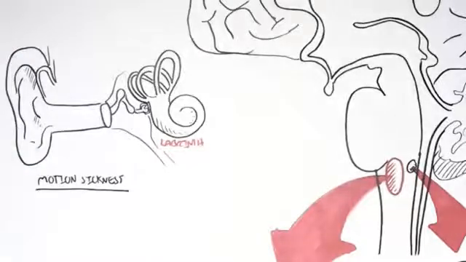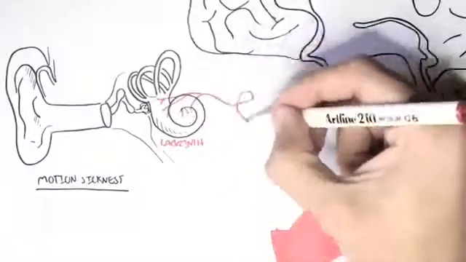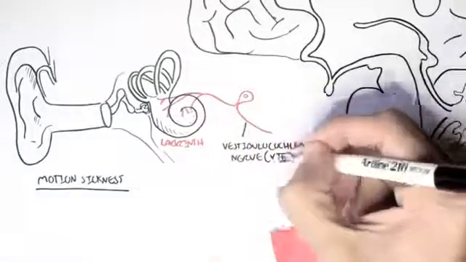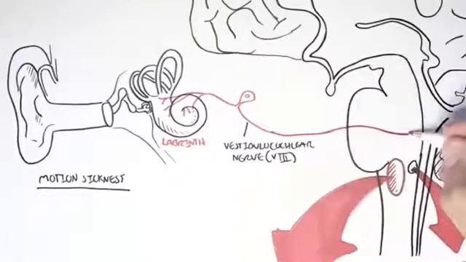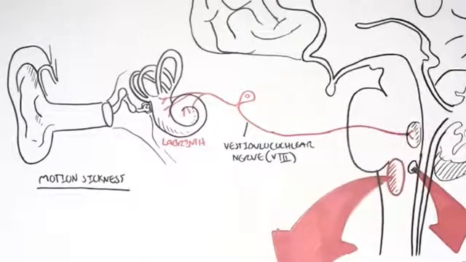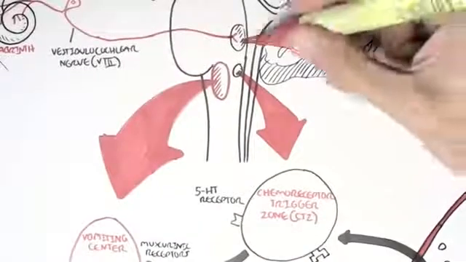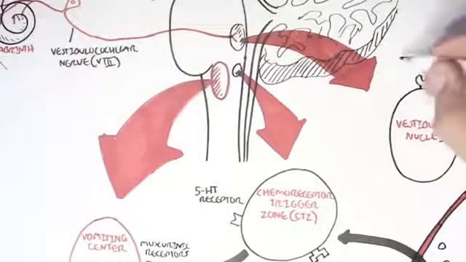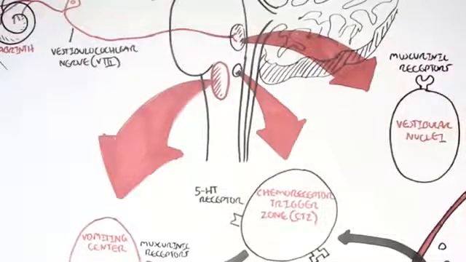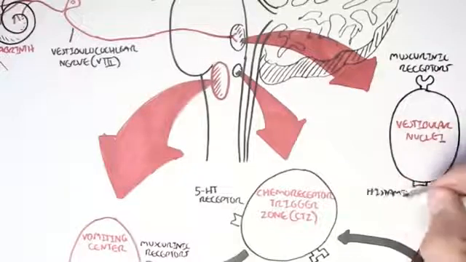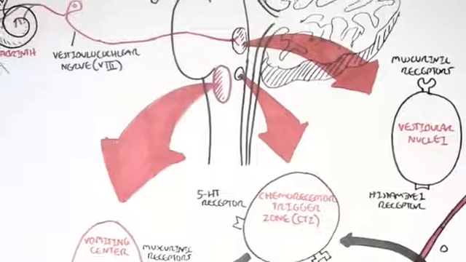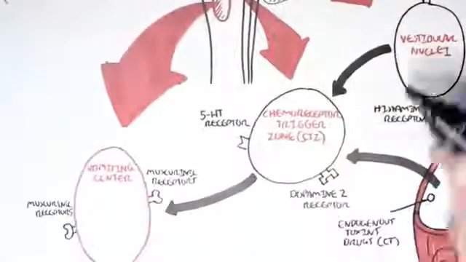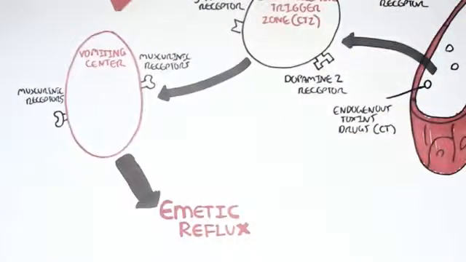Now, motion sickness will abnormally activate the vestibular cochlear nerve, which connects the labyrinth to the vestibular nuclei here in the brainstem. Let's zoom into the vestibular nuclei. Now, the vestibular nuclei have muscarinic receptors as well, and also histamine type 1 receptors. And it is activation of these receptors by the vestibular cochlear nerve from the inner ear that will cause the vestibular nuclei to stimulate the chemoreceptor trigger zone, which will then stimulate the vomiting center and thus the emetic reflux, the act of vomiting.